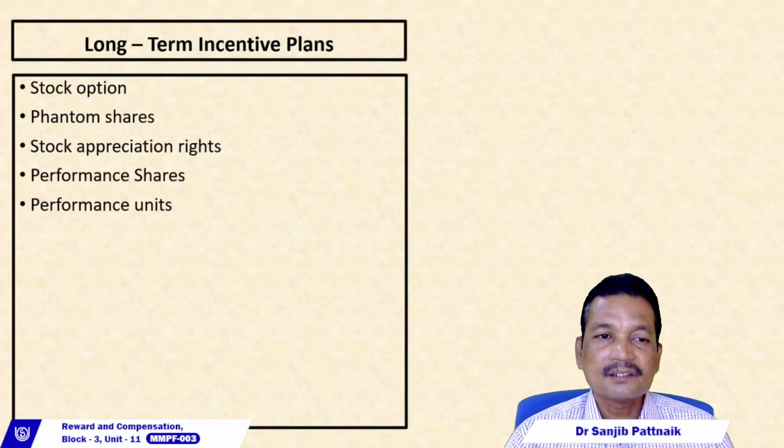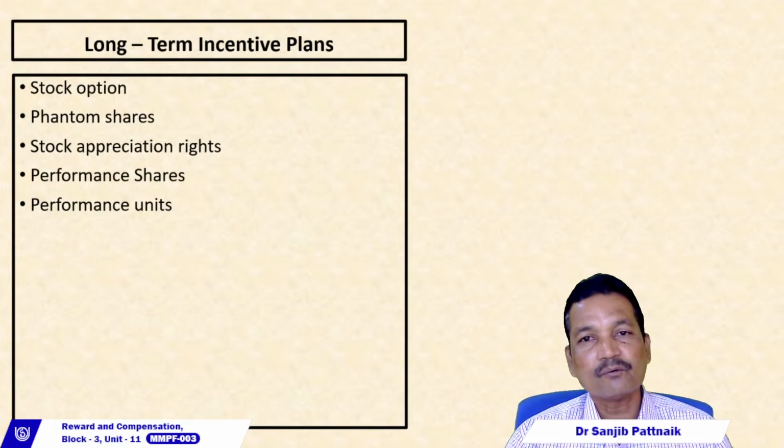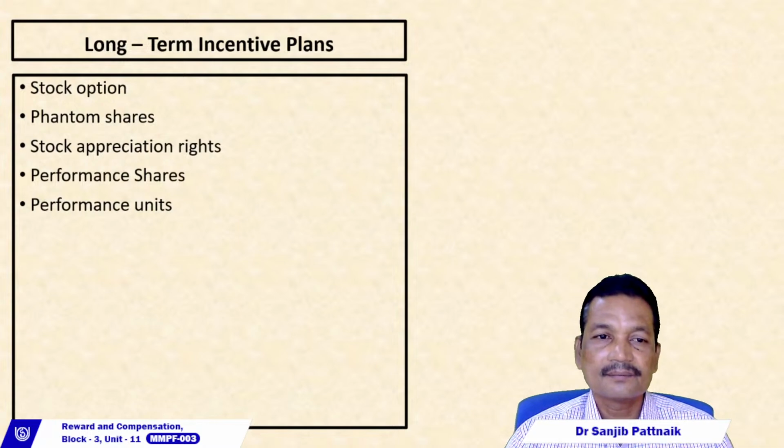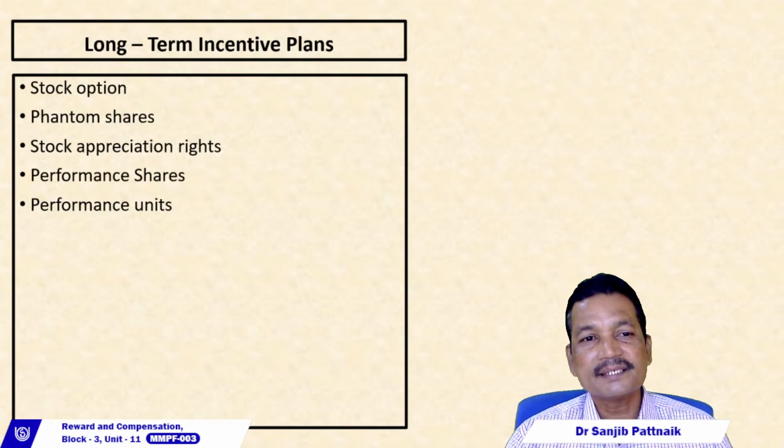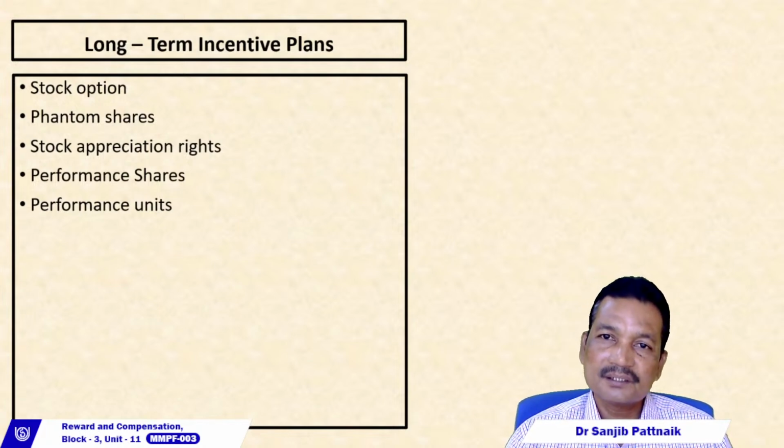Similarly, the performance shares and performance units. That means the organization will look at what the productivity of the organization was during the last period. According to the increase in productivity, some proportion will be set as the bonus and given to the employees in the form of shares.